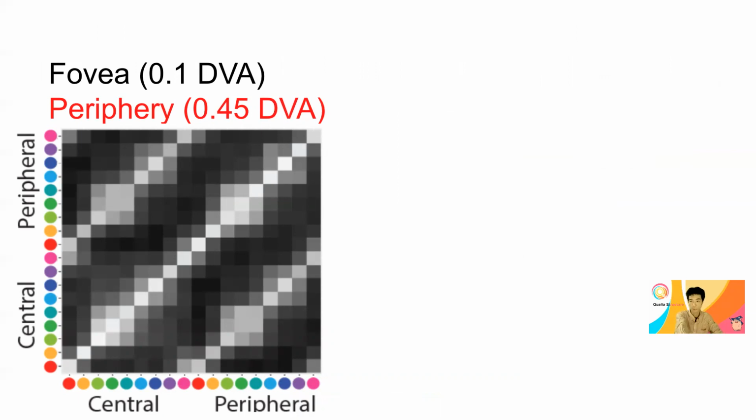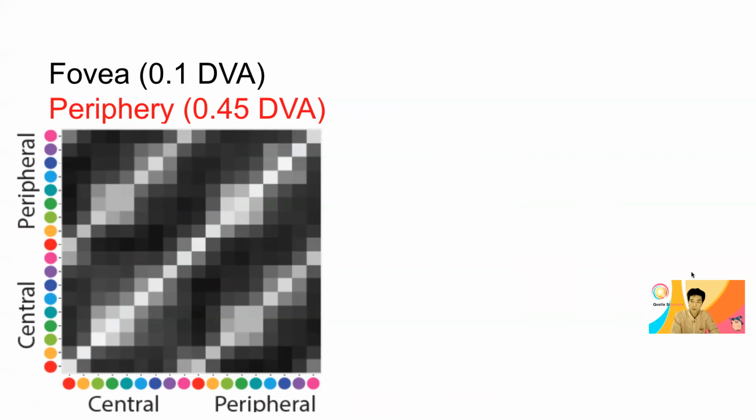That's the fovea, a 0.1 degree visual angle, so it's much smaller than the demo video has actually shown. And the peripheral ones were 4.5 times bigger. So it's still like half the size of this, 1/3 of the size of the thumbnail, and that was presented around 10 degrees into the periphery, and still we see this nice structure.